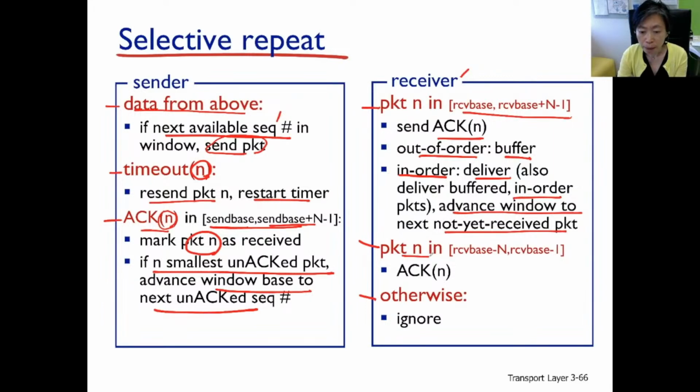If we get a packet that comes in, but it's actually in this range, receive base minus n to receive base minus 1, what is this? We are actually sending an ACK for that packet back. If you recall, it could happen that the ACK packet going back to the sender is corrupted.